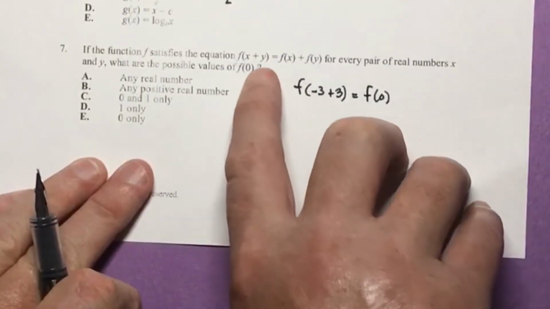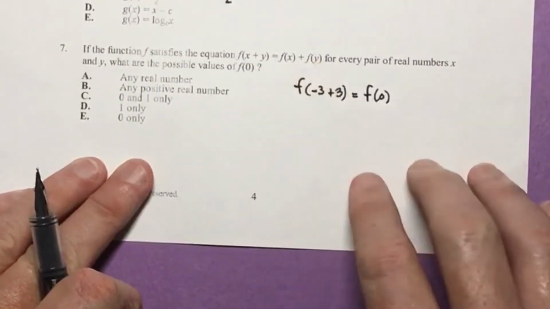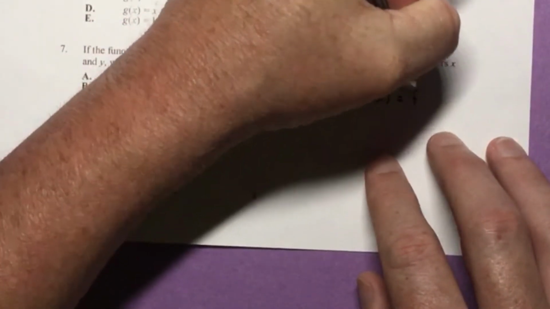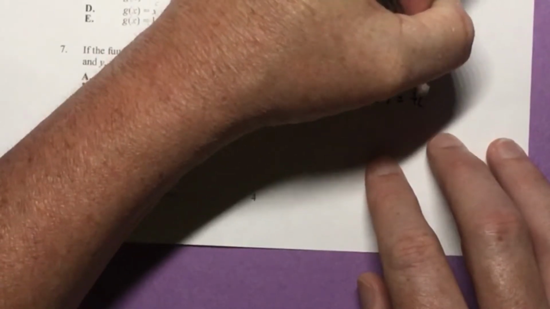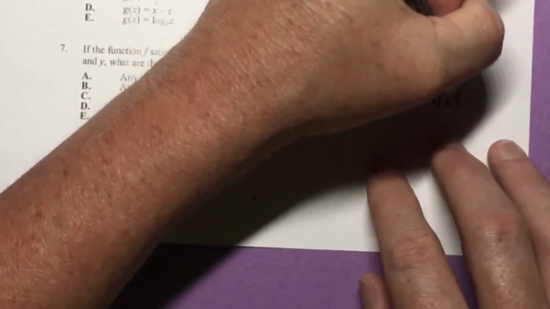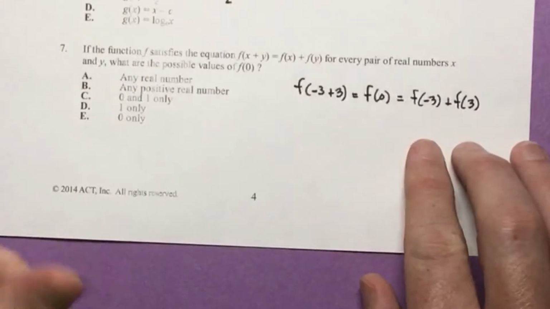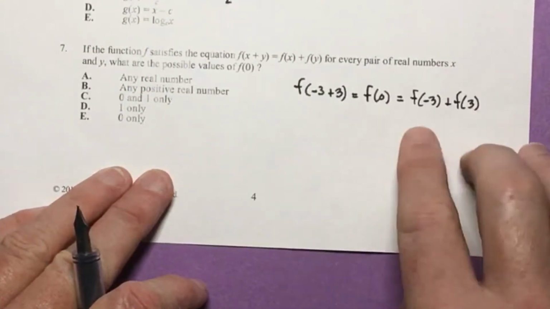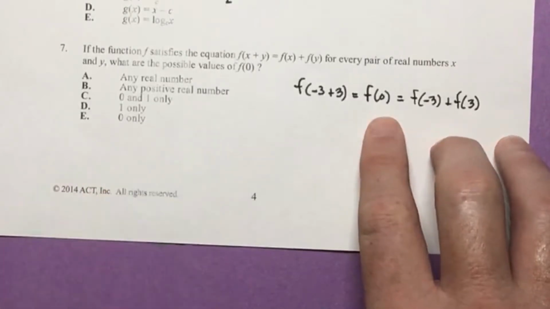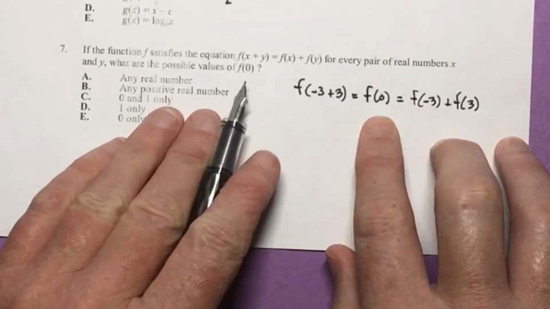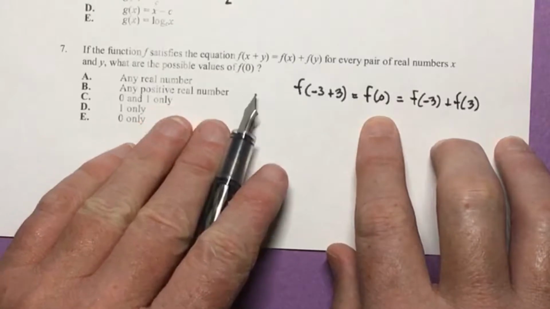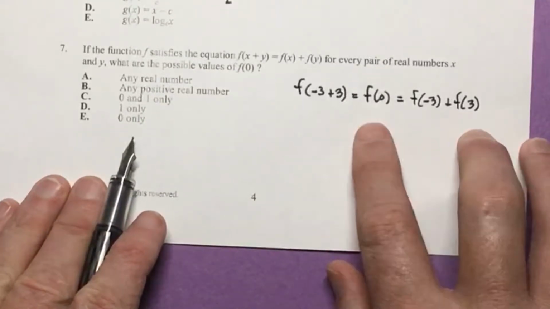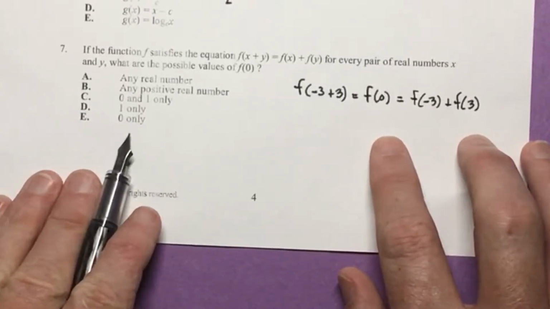If f of x plus y equals f of x plus f of y, then f of minus 3 plus f of positive 3 in this example must equal f of 0. So what are the possible values of f of 0? Well, we know that f of 0 is 0. So the only possible value for f of 0 is indeed 0.